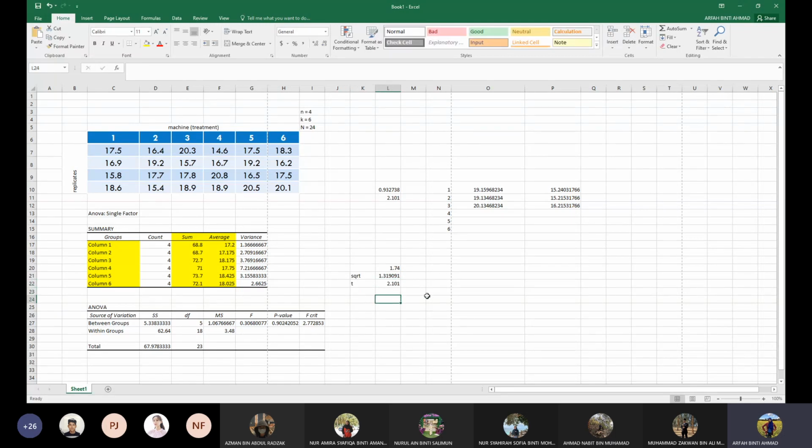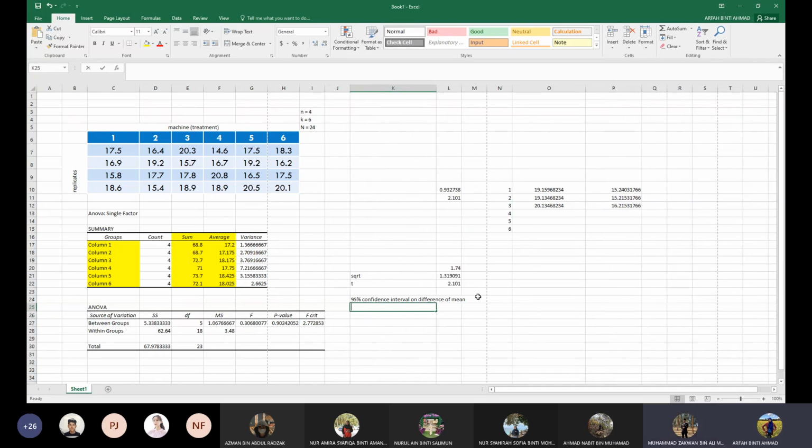Then formula dia, 95% confidence interval on difference of means sama dengan buka kurungan mu 4, this one 17.75 tolak dengan this one 18.175, tolak dengan buka kurungan T darabkan dengan dia punya square root, enter.